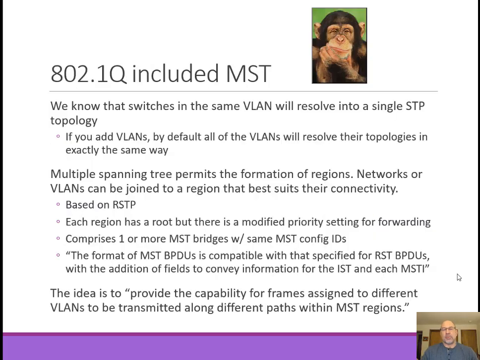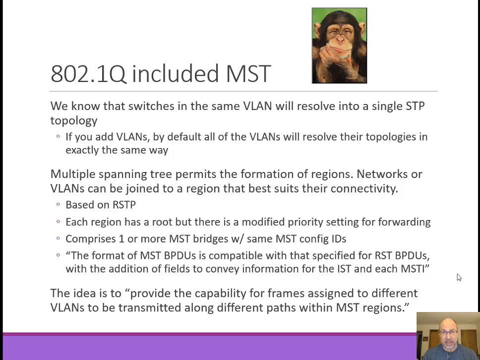Now, multiple spanning tree. Okay, so we know that if we connected a whole bunch of switches together and we created loops, switches in that one VLAN would resolve into a single spanning tree topology. If you add VLANs, by default, all the VLANs would resolve their topologies in the exact same way. Let me say that again.